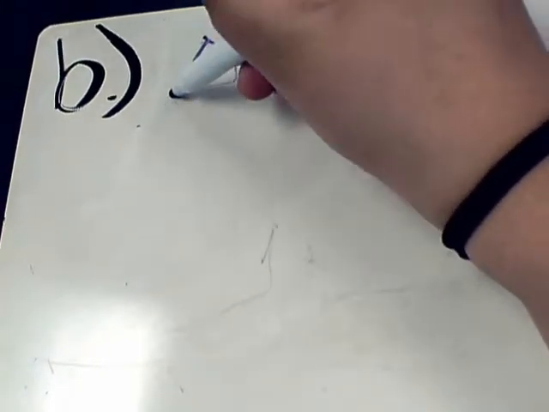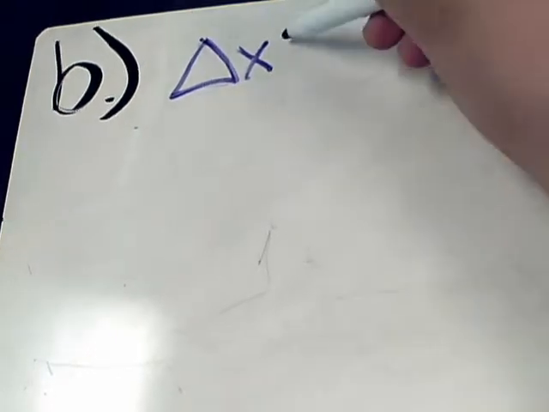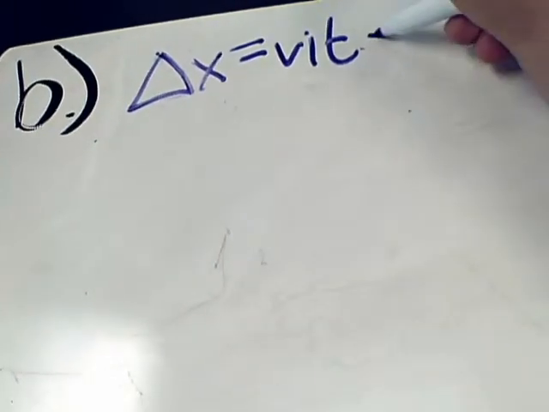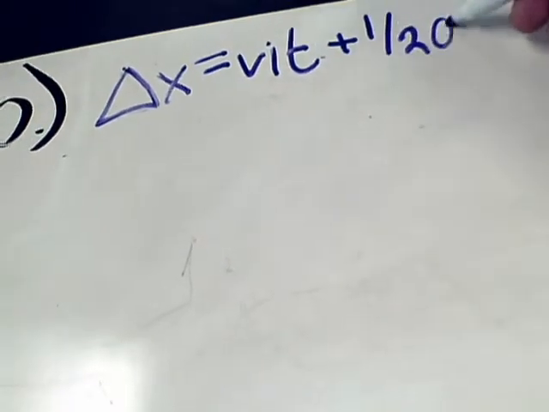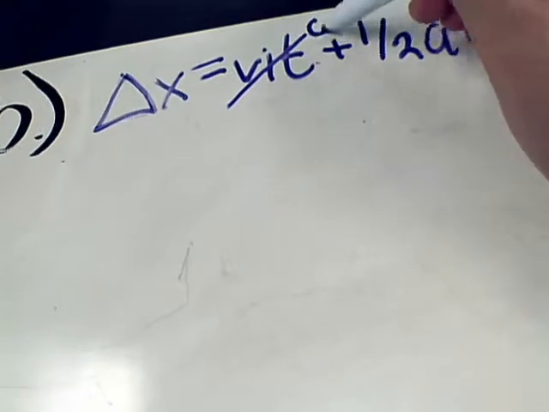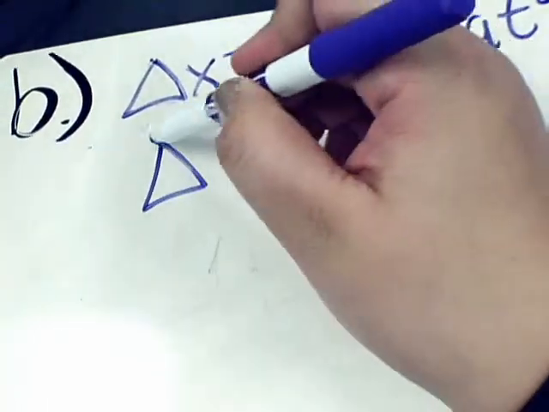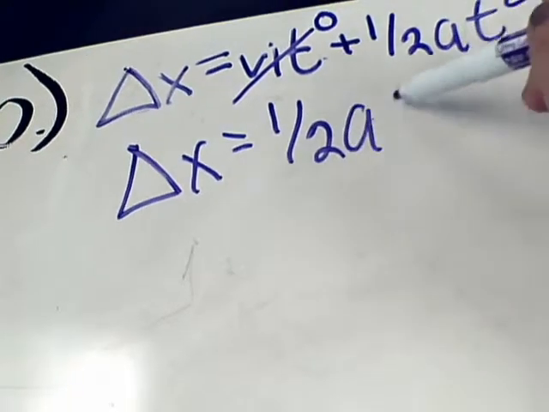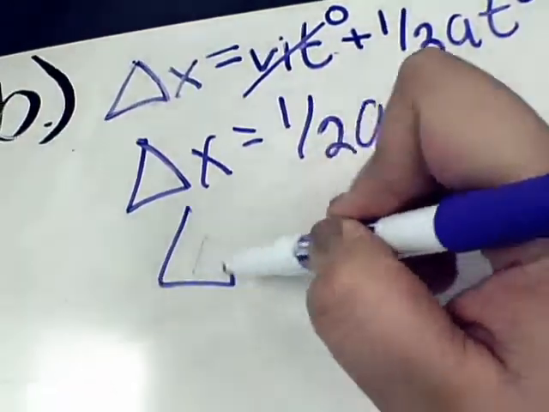So once again, for the final answer for B, we have to find the distance the cart is going to move, and we're going to use delta x equals VIT plus 1/2 at squared. And once again, it's moving from rest, so we get delta x equals 1/2 at squared.